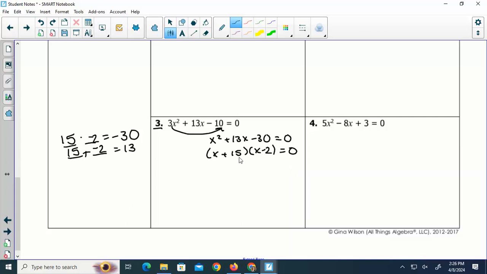Then what? Divide our 3. So 15 over 3 reduces to 5. 2 over 3 doesn't reduce, so we slide the 3 back in front of the x.